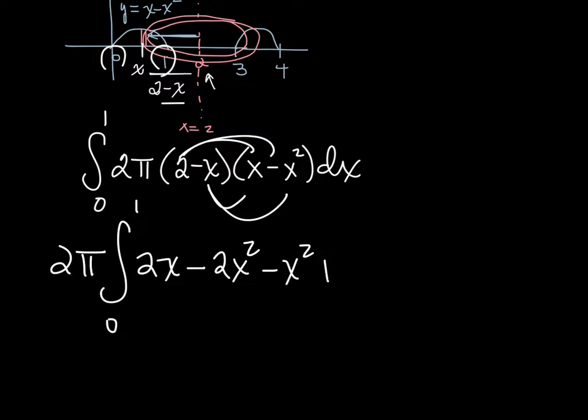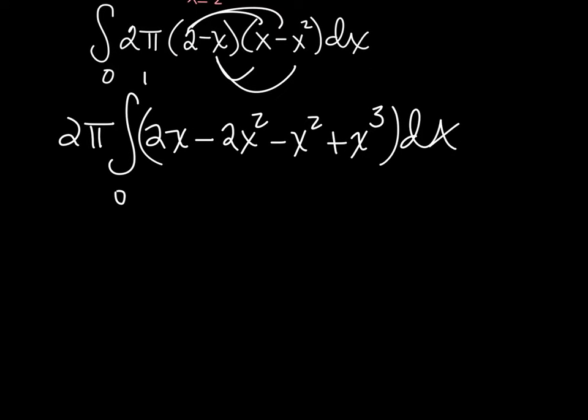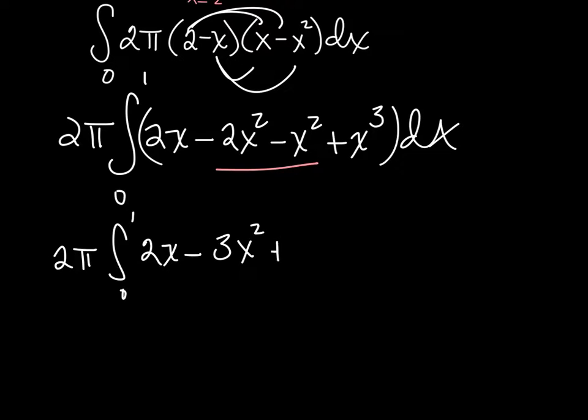And then a negative and a negative, a positive, x cubed. And I can go ahead and combine those two, and then I'll be ready to find my antiderivative. So 2x minus 3x squared plus x cubed dx.